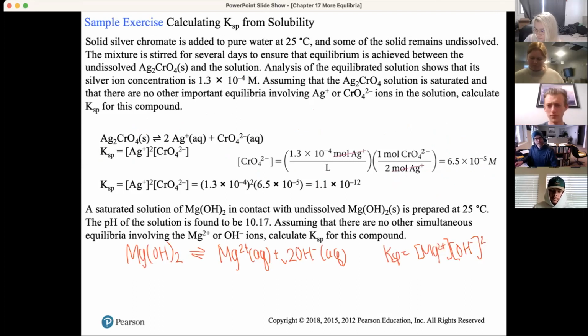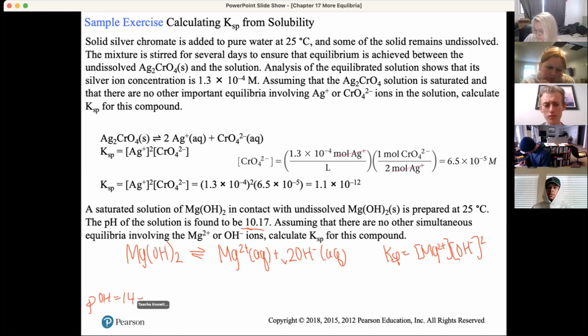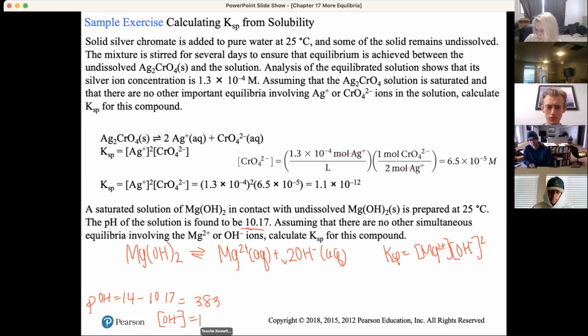Okay, so the tricky part here is that they didn't tell us the concentration; you have to solve for hydroxide. So we know pH, and pOH equals 14 minus pH, so 14 minus 10.17. That's 3.83. And then hydroxide concentration equals 10 to the negative 3.83.